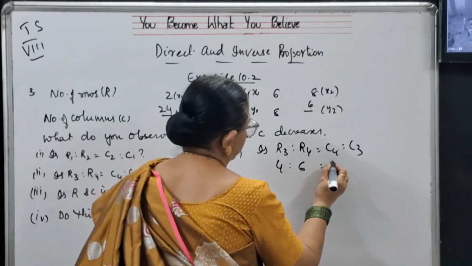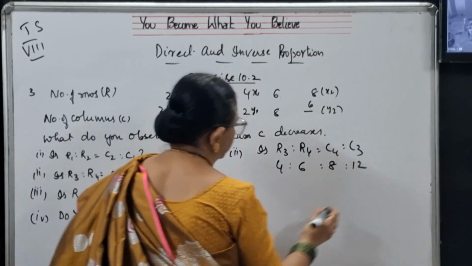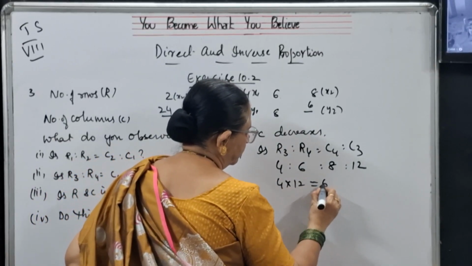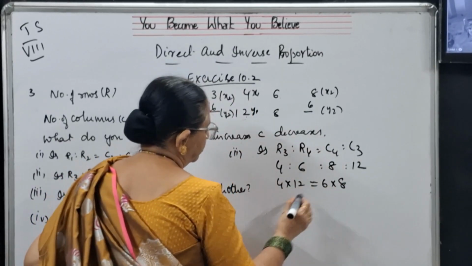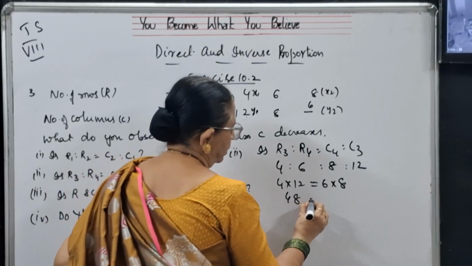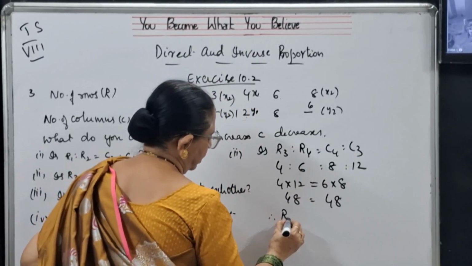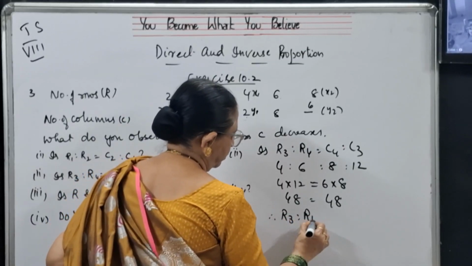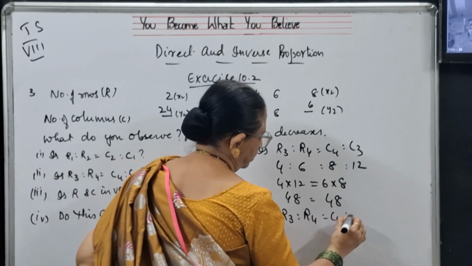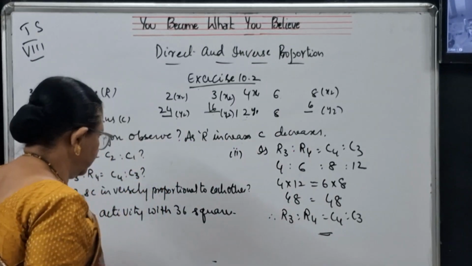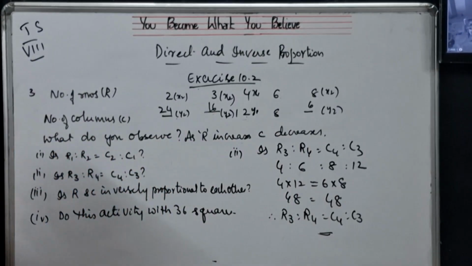So this is equal to 8 is to 12. That means 4 into 12 should be equal to 6 into 8. 12 fours are 48, 6 eights are 48. Therefore, R3 is to R4 is equal to C4 is to C3. This is another solution, children, for the second bit.